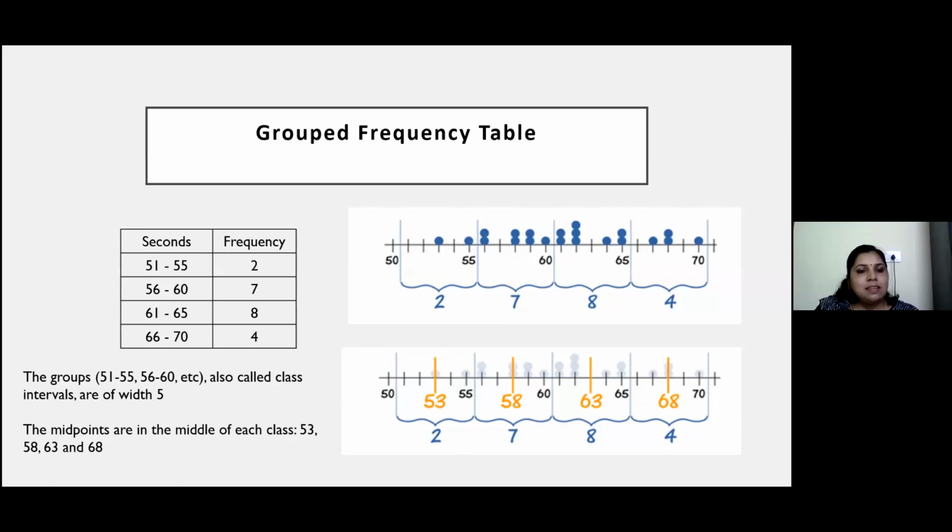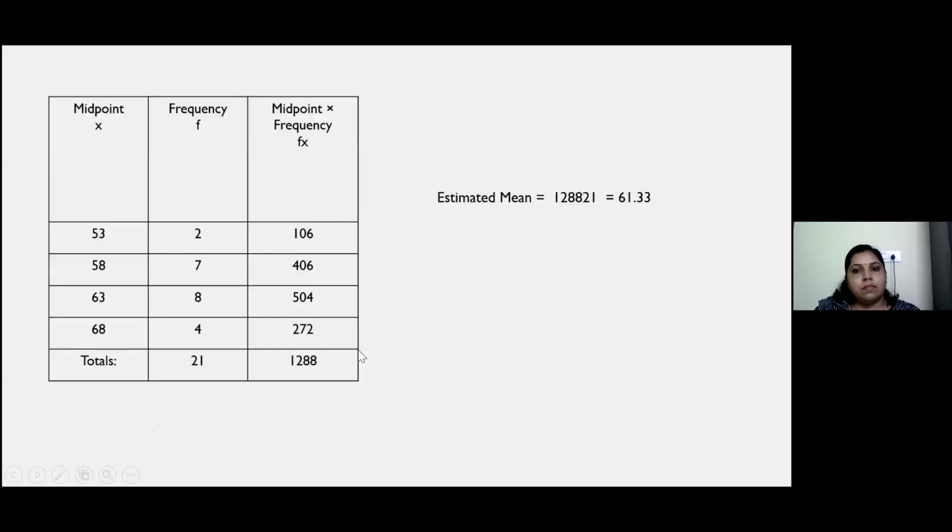Did you understand? Okay. So the groups 51 to 55, 56 to 60 are class intervals having a width of 5. Now we have found the midpoints of all the classes: 53, 58, 63, and 68.